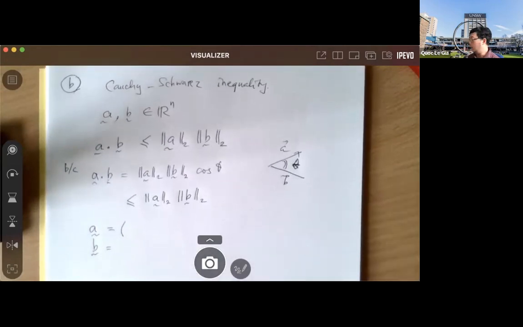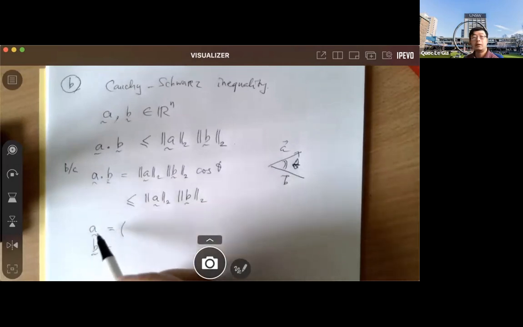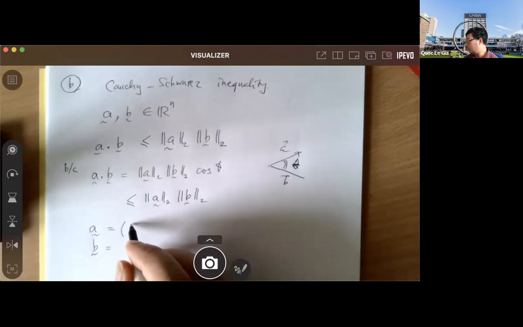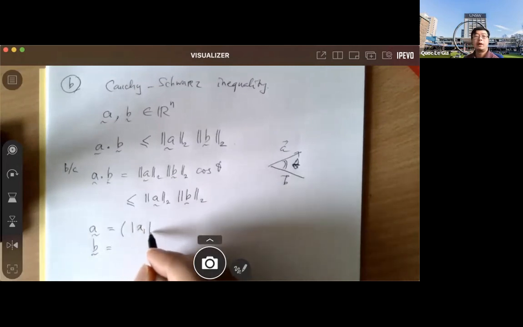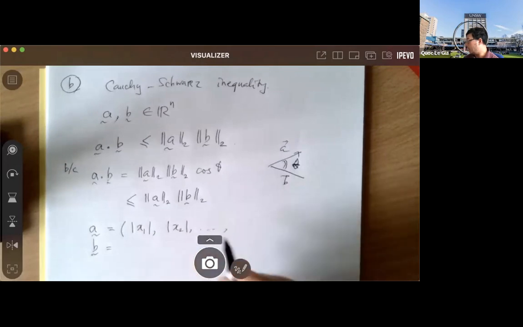Now, if I want A to be the one norm of vector x, maybe let me make the vector A to be like this: x1 absolute value, the first component of vector x, absolute value of the second component, up to xn, right?